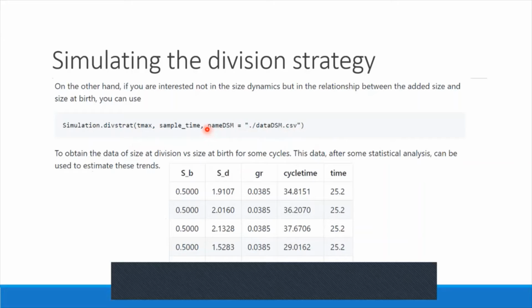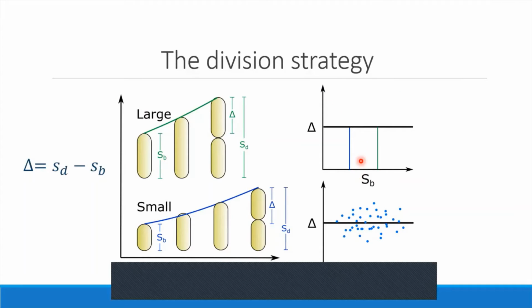DSM comes from discrete stochastic map, which comes from the basics of this way to analyze the data, that in this case is the map that takes the size at birth to the added size, which is a flat line.